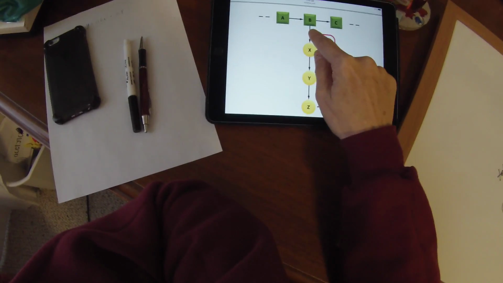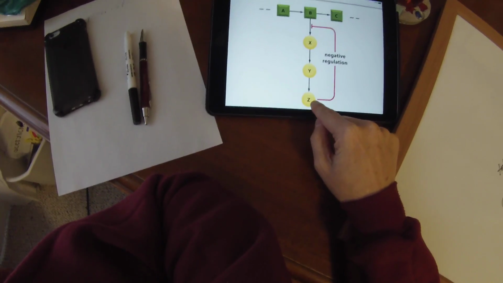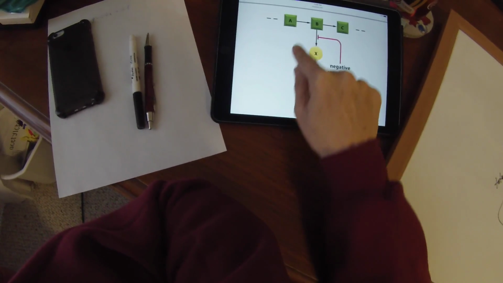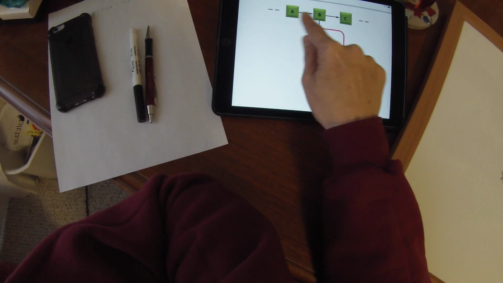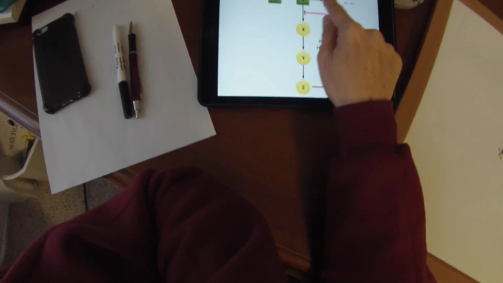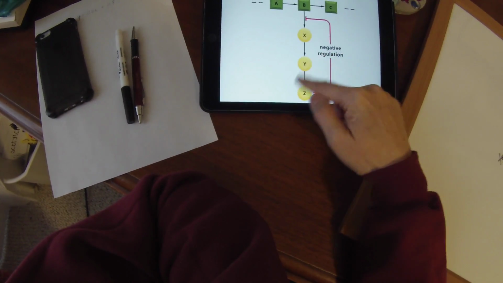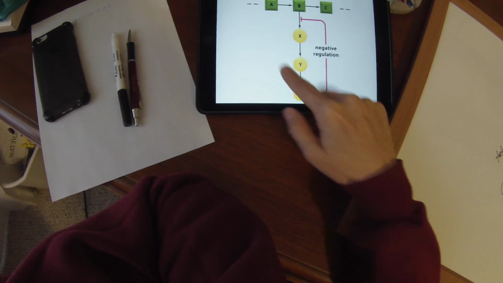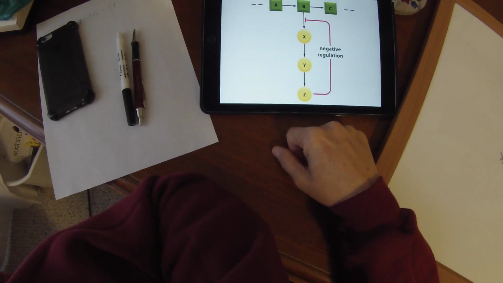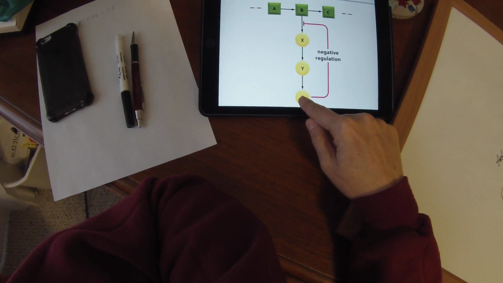So Z is going to turn off the enzyme that converts B to X so that we don't get any more Z. It would not make sense for Z to feed back and turn off the enzyme that produces this reaction here, A to B, because then that would affect the assembly of C, and we may not have enough of that yet.